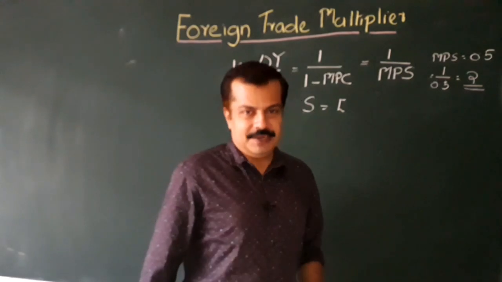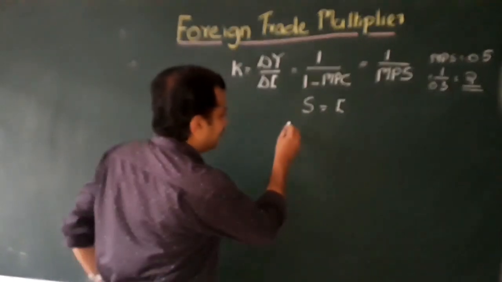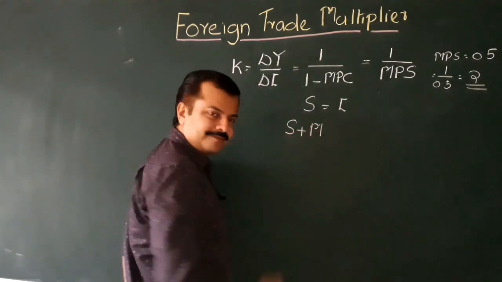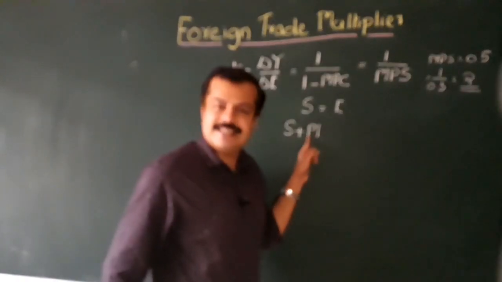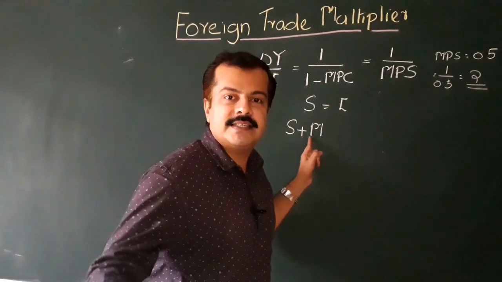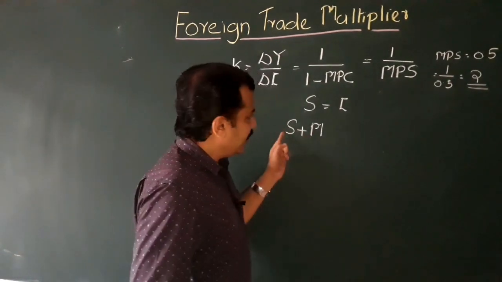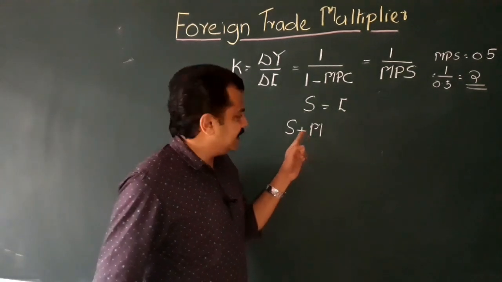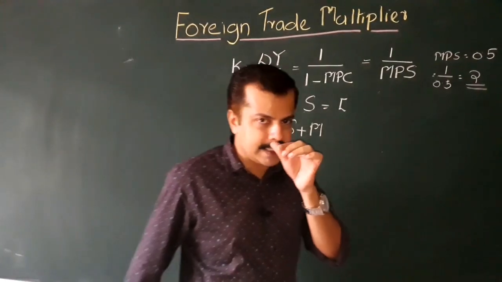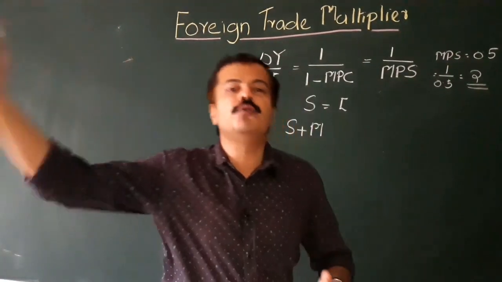So in an open economy, along with saving, we have what is known as import. Import is also considered as a leakage when we open up the economy and consider foreign trade as well, because money flows out of our country.